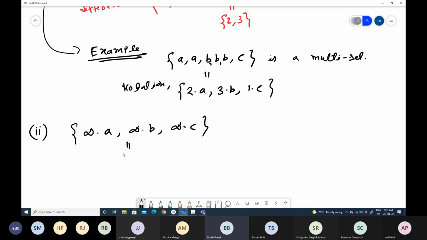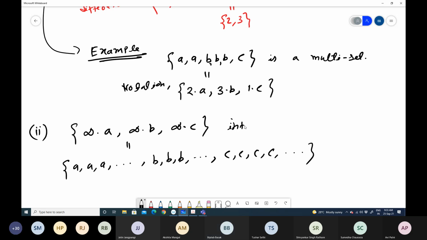A is repeated up to infinity, then B goes up to infinity, and C goes up to infinity. So in short, we write this. This is obviously an infinite set.